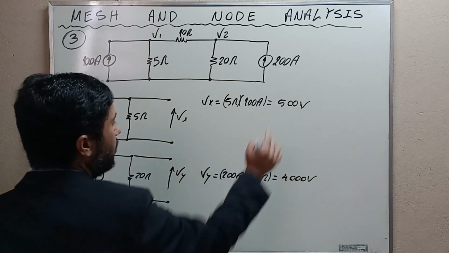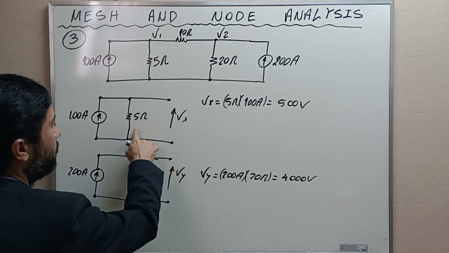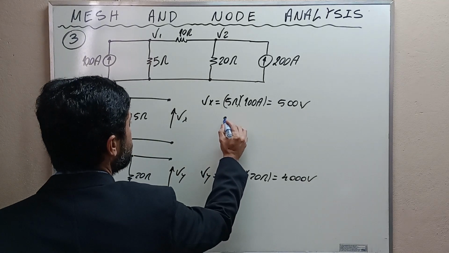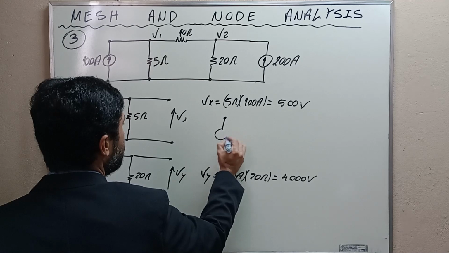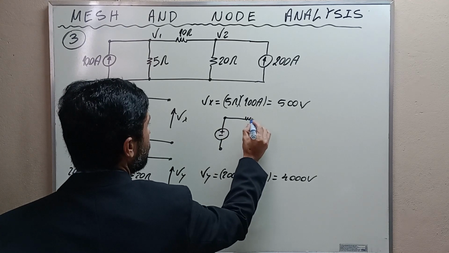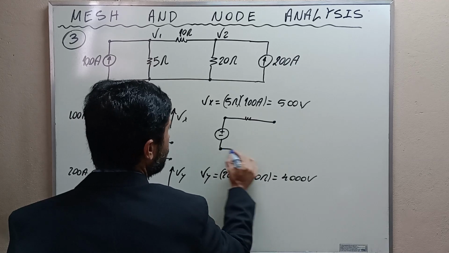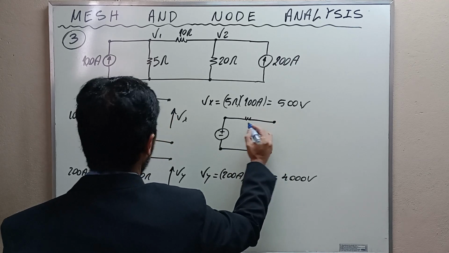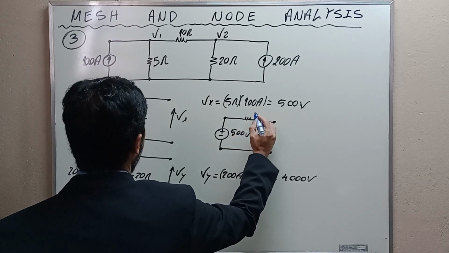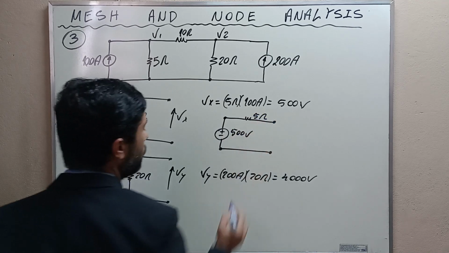Using this voltage source, this circuit becomes here 500 volts and here 5 ohms.